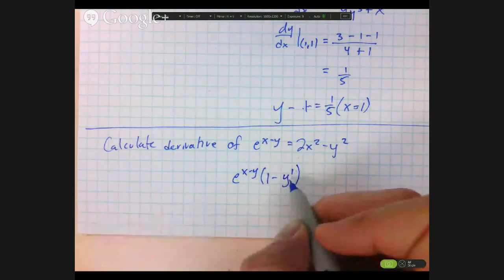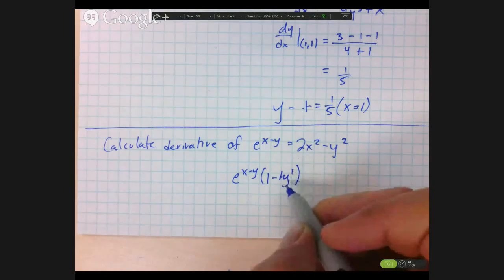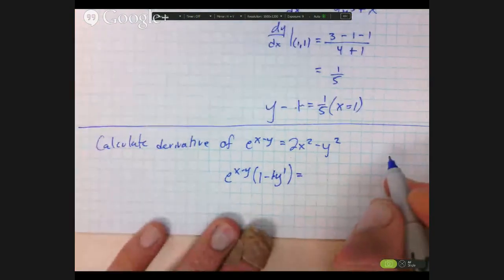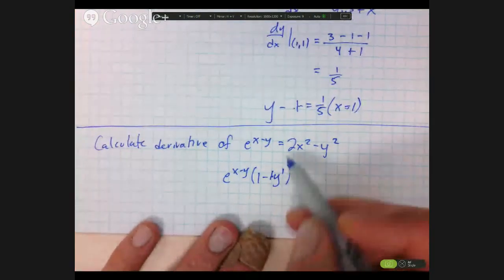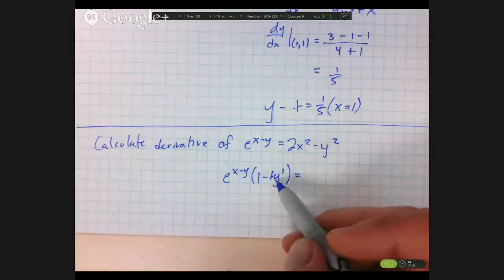Normally we would write 1 dy dx, but another way to write that is y prime, because it's the derivative of a y, which is 1 times dy dx.